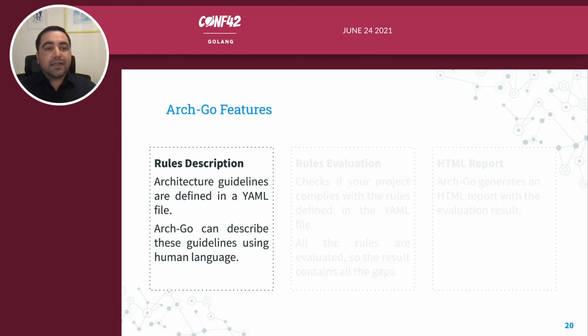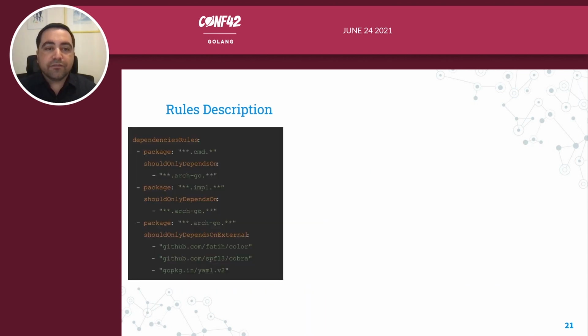So, let's go deeper in the first feature, the rules description. At first, the rules description feature does not look very attractive because we think we are representing our architectural guidelines in a YAML file, and YAML format is very readable and easy to understand.